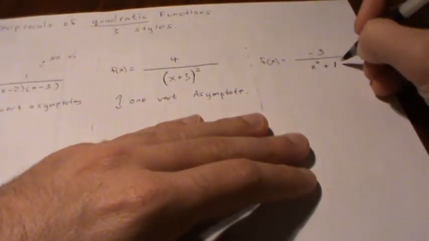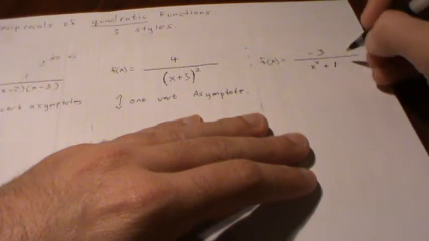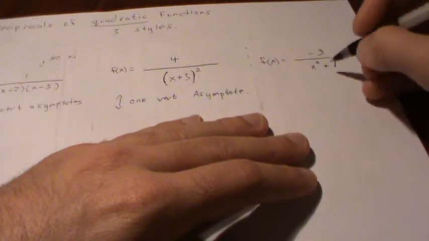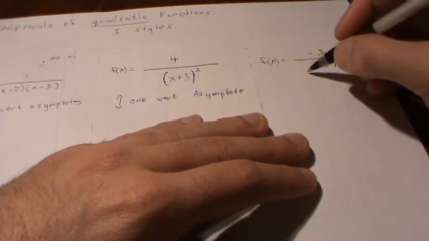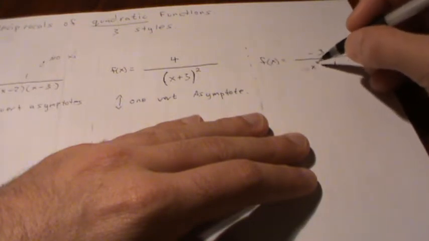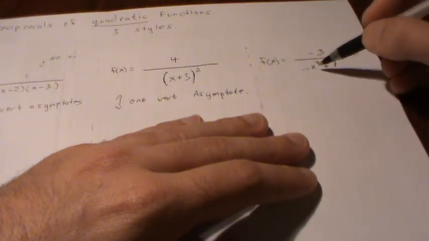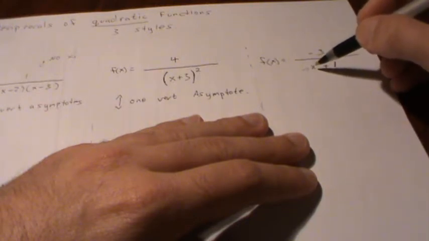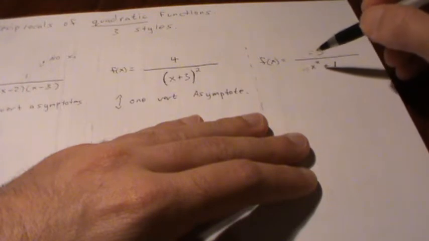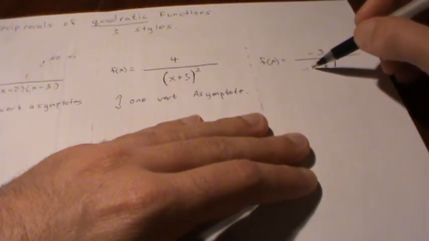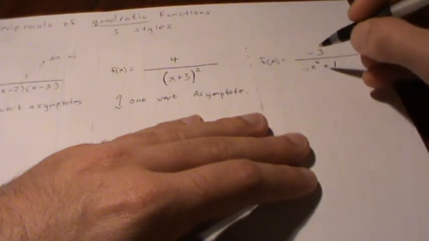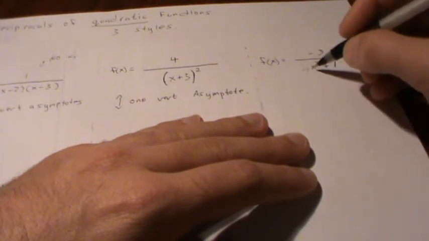In this case, this function x squared plus 1 will actually never achieve the value 0, because x squared is always positive. Even if I square a negative number, it's going to be positive. If I square a negative fraction, it's going to be positive. If I square a negative big number, it's still going to be positive.